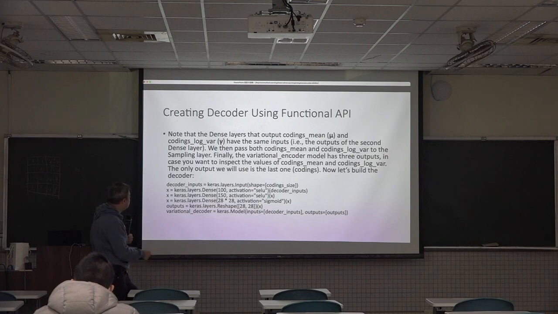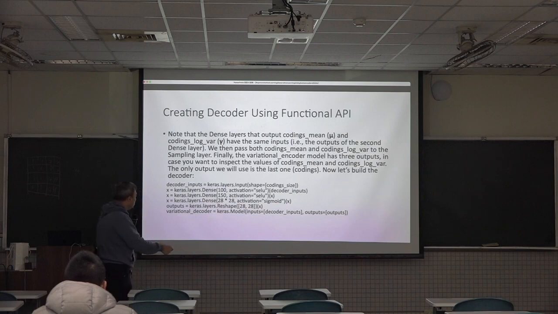The output will be used for the input of the next layer with 100 neurons, ReLU activation, and this output will be used for 784 neurons, activation sigmoid.